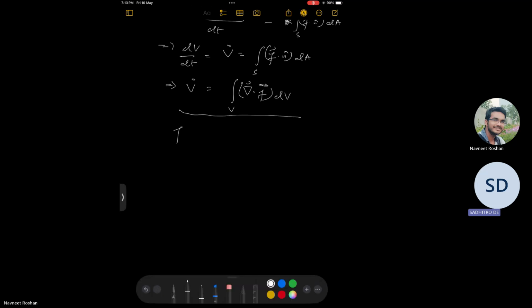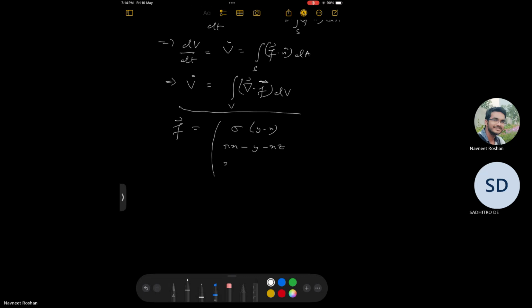Now what is the vector f? The vector f is basically given as the right hand side of that equation, which is sigma into y minus x, and so on. All right.